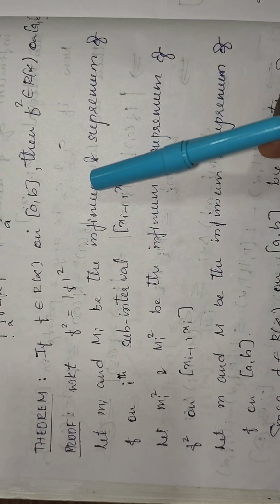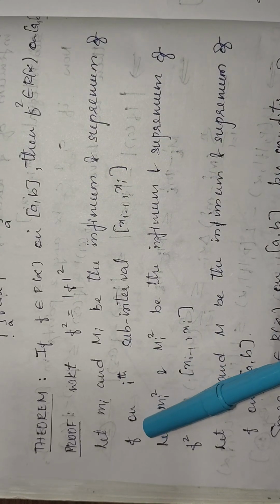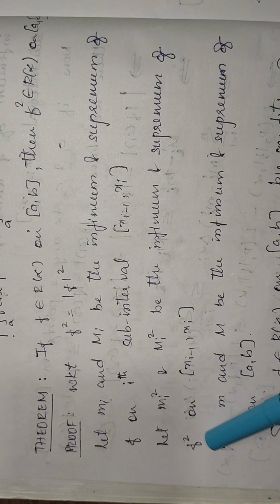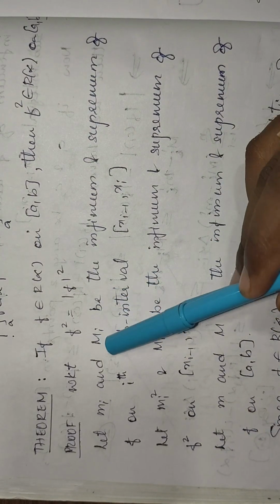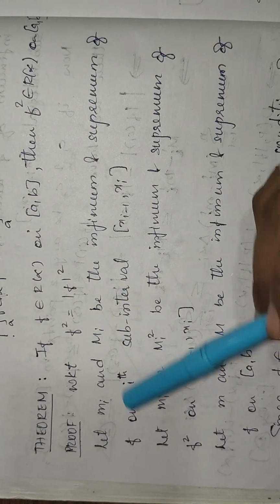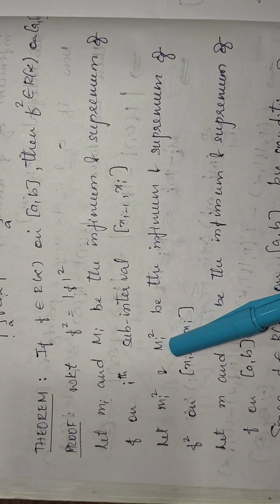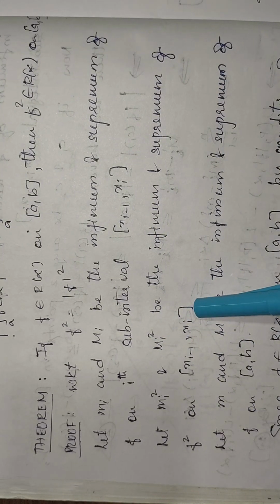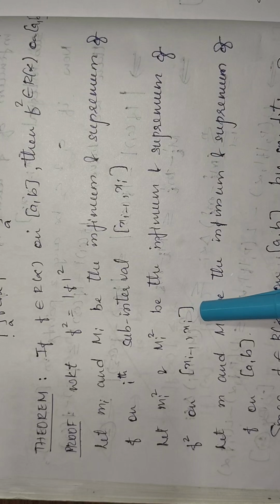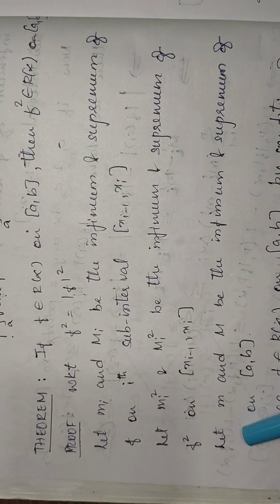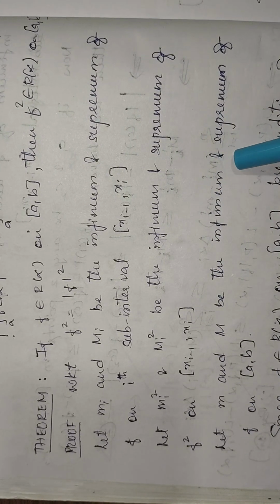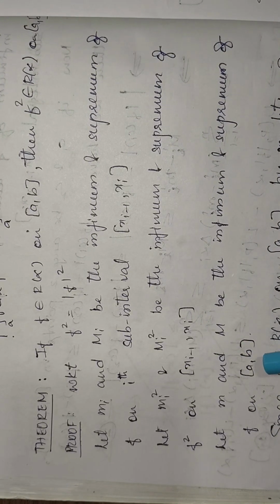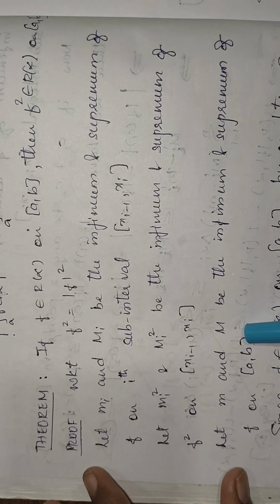If mi is the infimum of f, then with no harm we can take mi square to be the infimum of f square. Similarly, if capital Mi is the supremum of f, then we can take capital Mi square to be the supremum of f square on the interval [x(i-1), xi]. And let small m and capital M be the infimum and supremum of f on the entire closed interval [a, b].